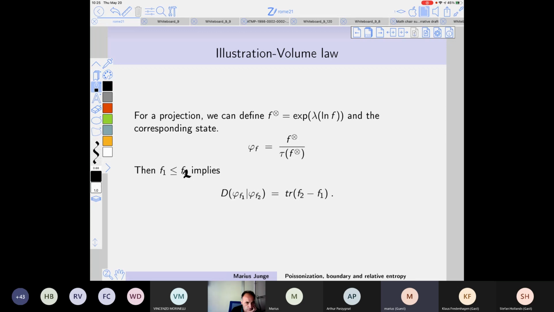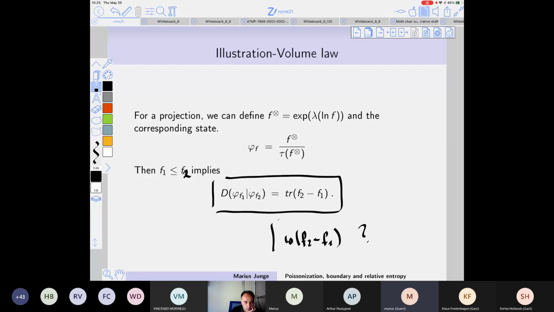And then the relative entropy of phi of f1, f2 is just the trace of f2 minus f1. So this is an area formula without entropy, simply because the states are very special. They're projections. I hope that these are formulas which are in some sense familiar. I think this can be extended in some situations where we replace the trace by the weight, but let me not insist on that.